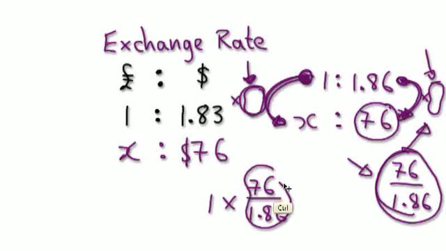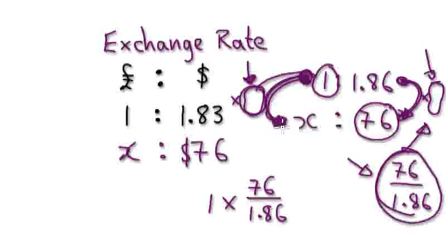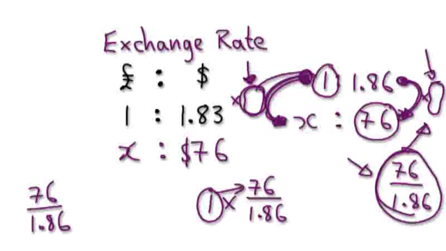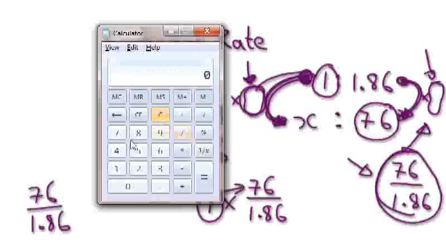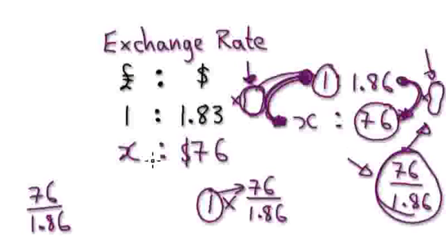These numbers could be anything. I don't really care. I normally start here, times the multiplier to get into the x. Now 1 times a fraction, it gets multiplied to the top, so that remains 76 over 1.86. So now jump to your calculator. 76 divided by 1.86 equals 88.37.